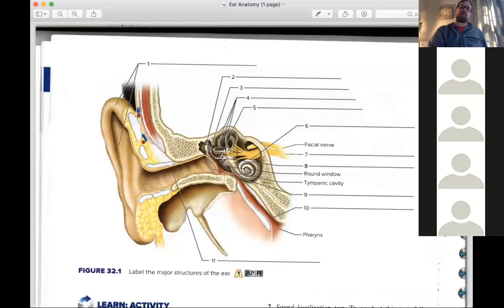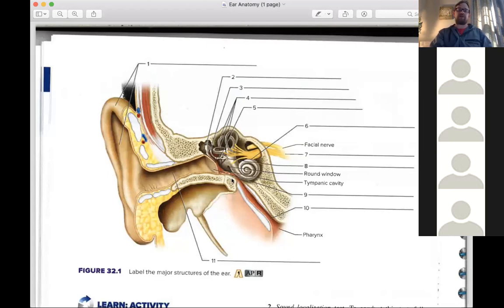All right, so this is the ear, and you'll find out, if you haven't already, that the ear is divided into three basic regions. You just start from the outside and work your way in. So you have the outer ear here. If you think about pretty much anything you can touch without causing pain, that's going to be your outer ear.